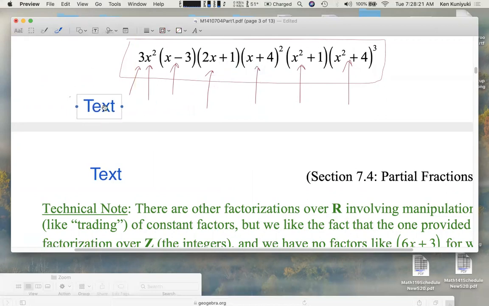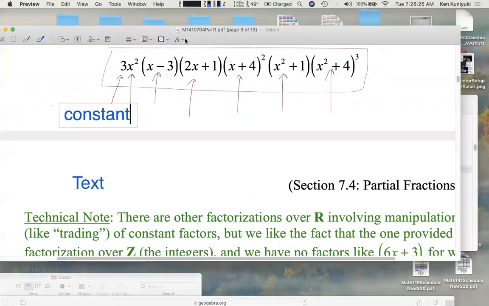Again, let's type these out. 3 is a constant. X squared, again, surprise. Repeated linear. It's x times x. X minus 3, that's going to be a distinct linear.